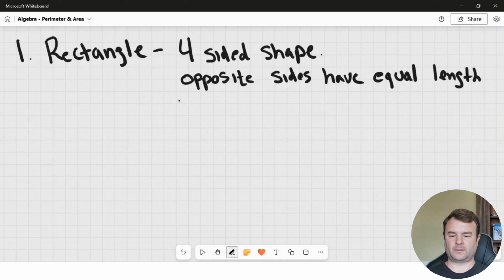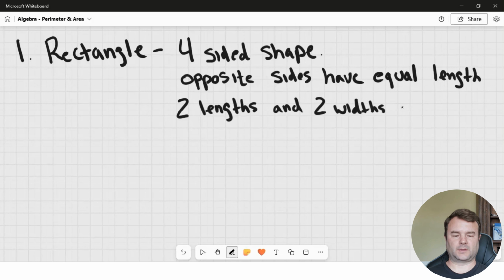So two lengths and two widths are the same distance.